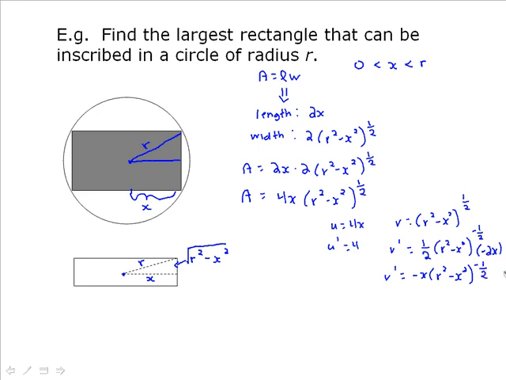And now we use the product rule proper. The product rule goes like this: y prime is equal to u prime v plus u v prime. So y prime is equal to u prime, which is 4, multiplied by v, that's r squared minus x squared to the 1/2. It's a little bit of a concern that we've got an r there, but let's be patient with it. Hopefully it won't be a real problem.